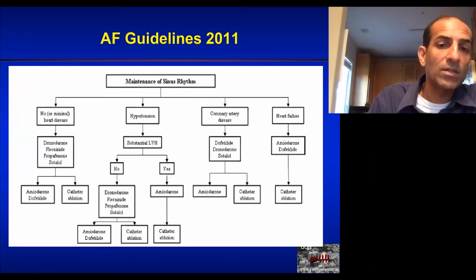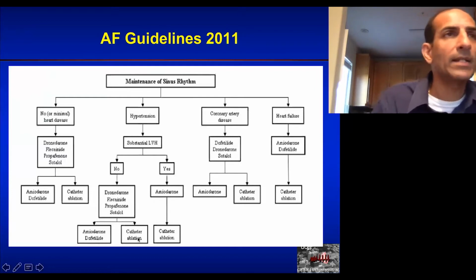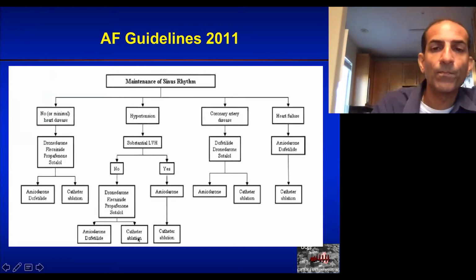So as per the guidelines, the only drug that is safe would be amiodarone. If the patient does not have significant LVH, then again, you could use any of the drugs that were used in the first group of patients, which is dronedarone, flecainide, propafenone, sotalol. And then again, if you fail the first round of drugs, then you can go to the second round of drugs, or you can offer catheter ablation to these patients.